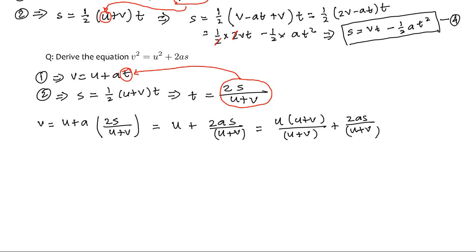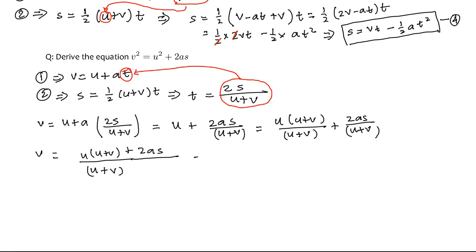Now I get u plus v, the big denominator. Remember, all of this is equal to v still, and on the top I get u times u plus v plus 2as.